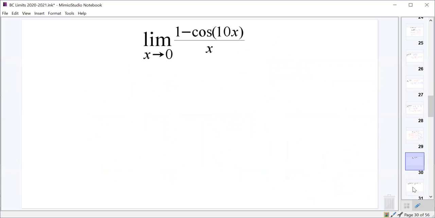What about this one? Nice and easy one, right? What do we do with this one? Do we multiply by 10 over 10? That sounds great. Put in a 10. Pull the 10 from the numerator out.